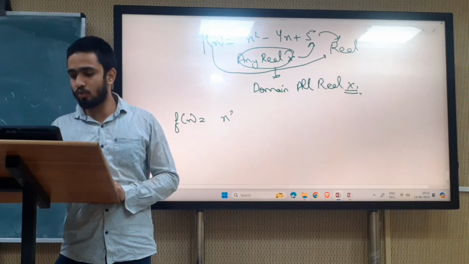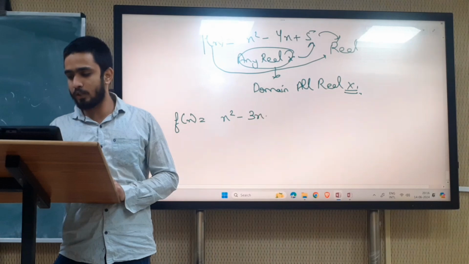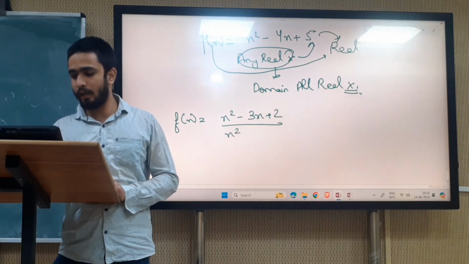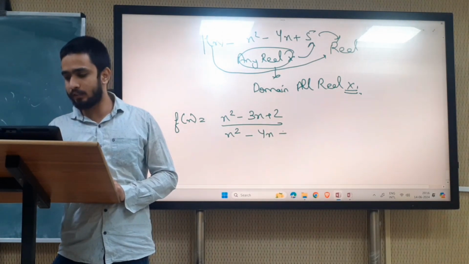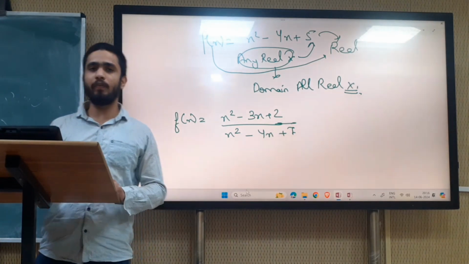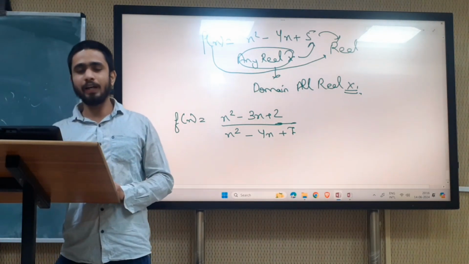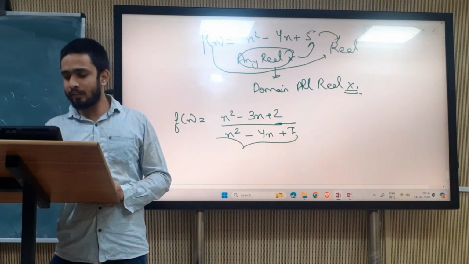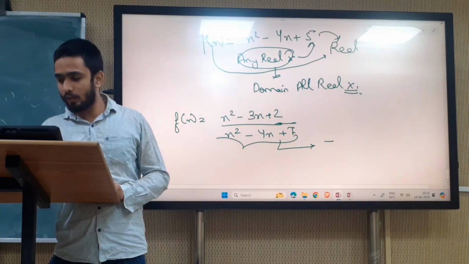f(x) is x square minus 3x plus 2 upon x square minus 4x plus 7. So f(x) is not real when the denominator is equal to 0.